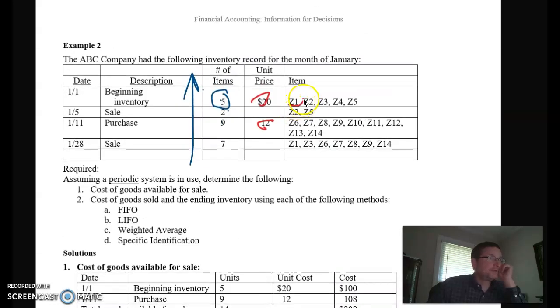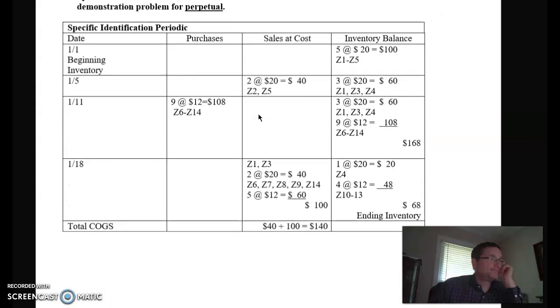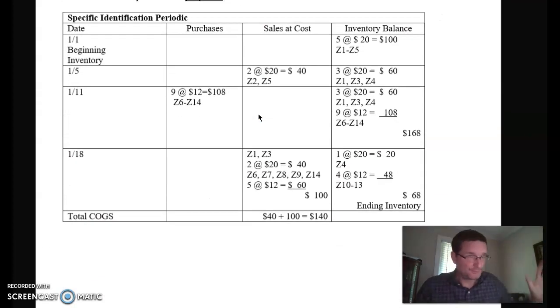Z1 and Z3 come from the original beginning inventory. $20, and the rest come from the $12 inventory. That's the example of me just moving things through quickly. It'd make a long video if I didn't. So 2 at 20 is 40, and then the rest of these, 5 of them, 12 at 60. So 40 and 60 is 100. So cost of goods sold is 40 plus 100.